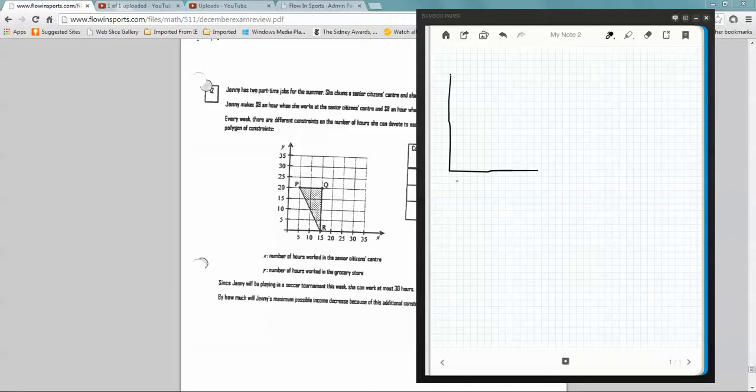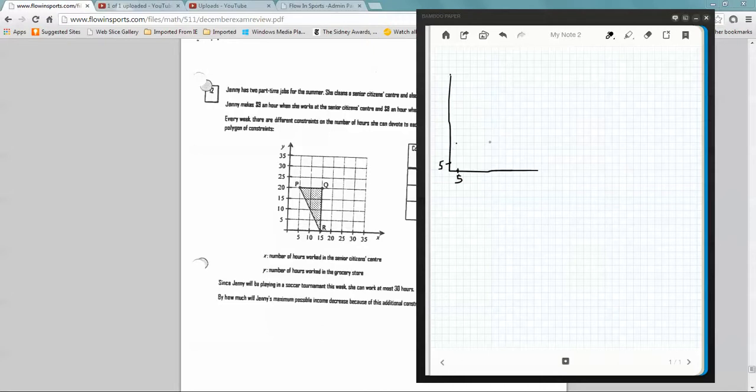You'll notice, let's say for every 1, it's 5. And for every 1 here, it's also 5. First point we said was 5, 20. So it'd be here.